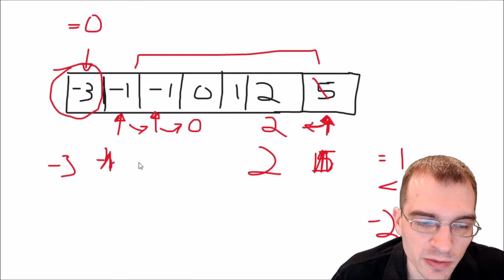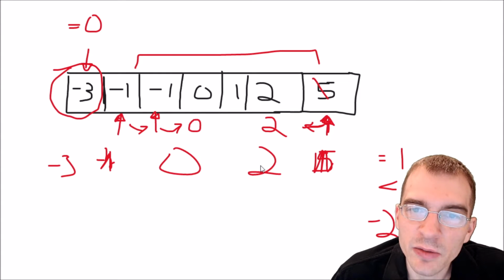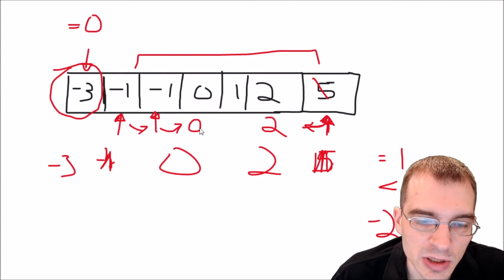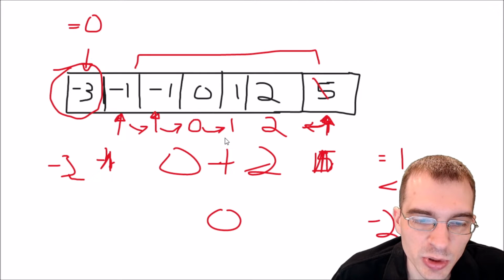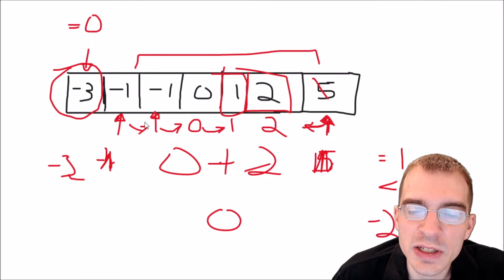So then we'd have -3 plus 0 plus 2. Well, that's -1, but it's still less than 0. So we'd shift that up again, and now we have a 1 there. We had -3 plus 1 plus 2. That is actually 0. So at this point, we've found a valid triplet with this, and our original fixed value.